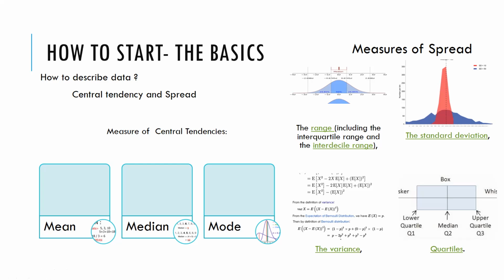And there are situations where the value of the highest frequency is of higher importance, and that's where we use the mode. So the three measures of central tendency are the mean, median, mode, and the measures of spread, or how far your data goes, are the range, the interquartile or decile range, the standard deviation, the variance, and the quartiles.